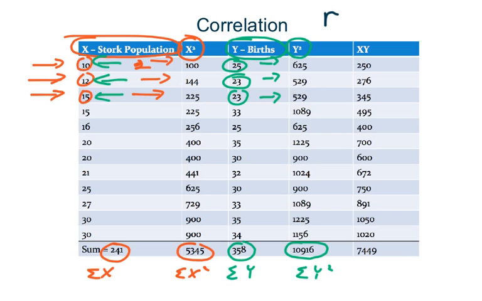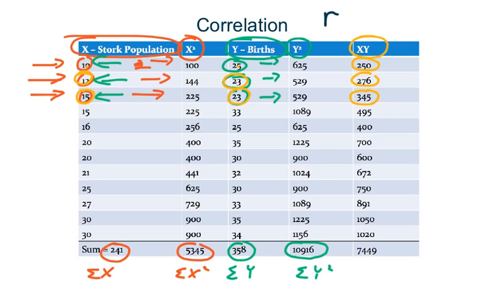And then we have our XY column. What that means is we multiply X times Y. So 10 times 25 gave us 250. 12 times 23 gave us 276. 15 times 23 gave us 345, and so on.